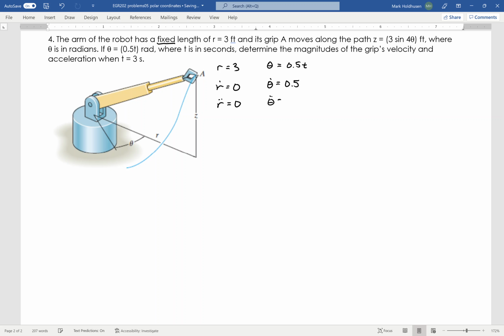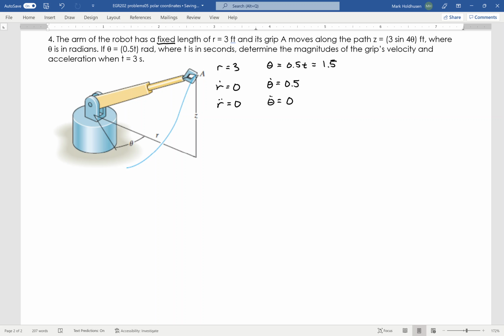Theta double dot then goes to 0 as I take those time derivatives of 0.5 t. So that is pretty straightforward. What I can do is for theta, I can go ahead and plug in time equals 3, so that becomes 1.5 for theta, okay, at 3 seconds.